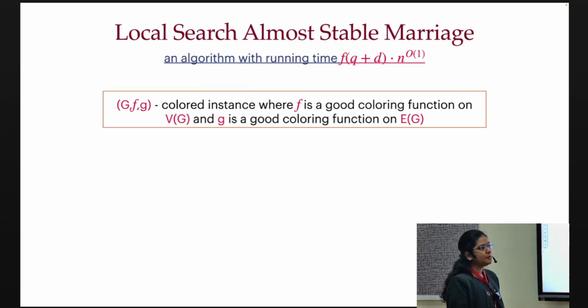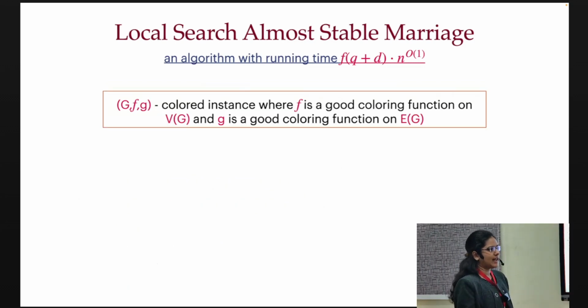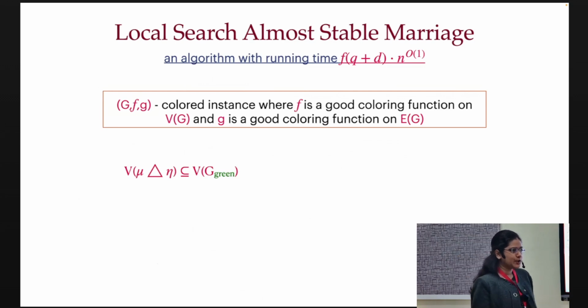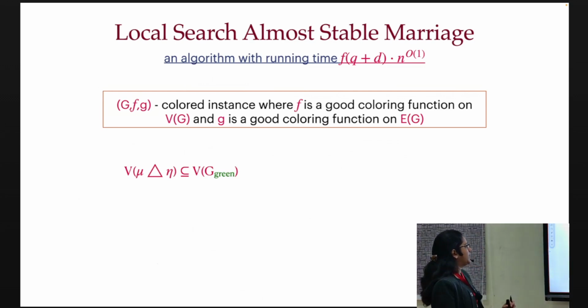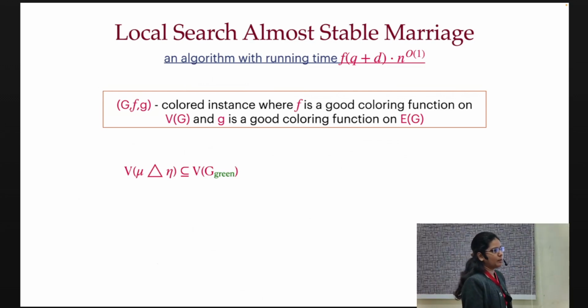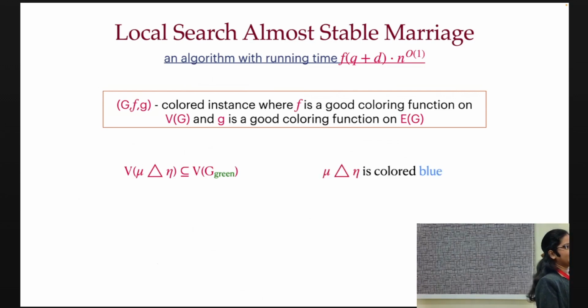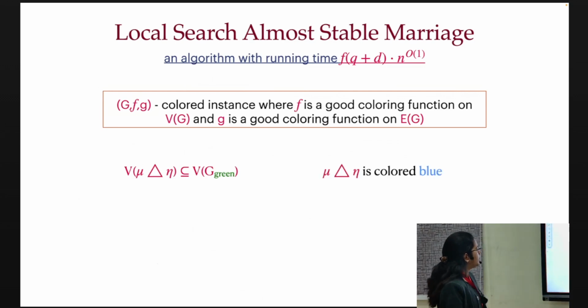Now let us assume we have colored the graph nicely. F is good, G is good, everything is good. So because it is good, we know that V of mu symmetric difference theta is a subset of the green components and mu symmetric difference theta is colored blue.